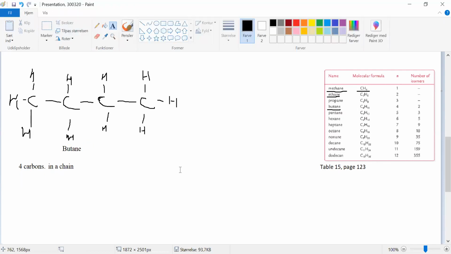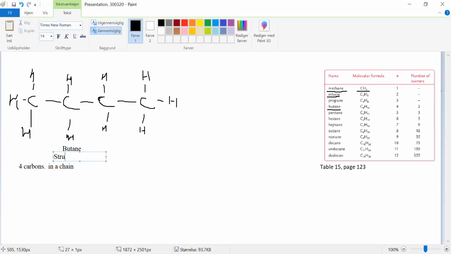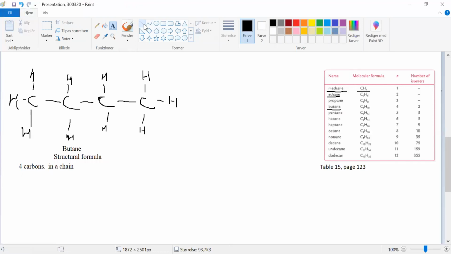So right now it's fairly simple to name molecules. And what I've drawn here is the structural formula for butane. But there's also a different method for drawing organic structures, and it's called the zigzag formulas.